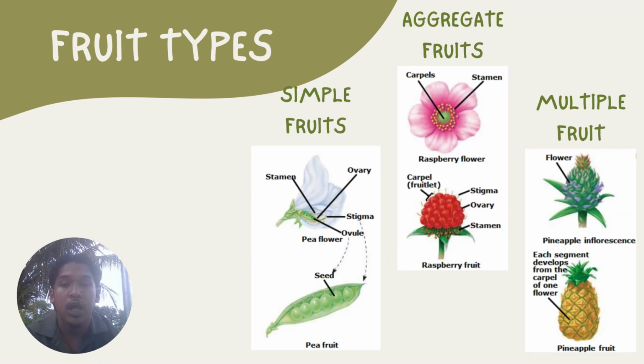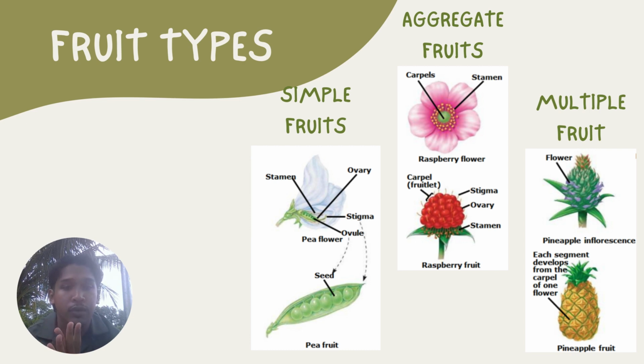So we look at how the types of fruit are made. In simple fruit, one flower contains many carpels that are fused together to become one single fruit, like the pea fruit over here. In aggregate fruit, one flower has many carpels and each carpel becomes a fruitlet. They are fused together to become one fruit, like a raspberry. As you can see, the fruitlets combine together to become a raspberry.